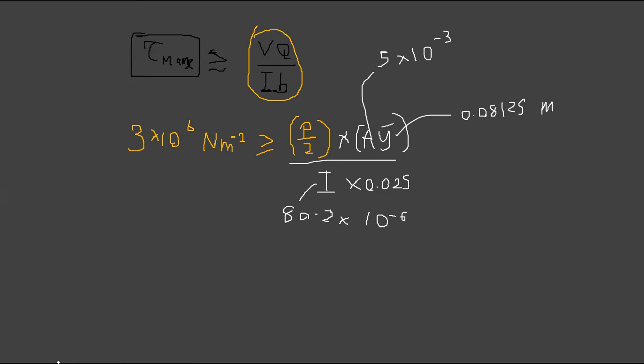So that's okay. I can calculate this part, the whole thing together. 10 to the power 3, so 2.8125 over 18.2 into 10 to the power minus 6 into 0.025, right? So that you have to calculate, and these two as well.